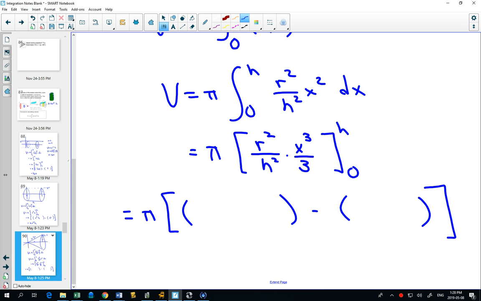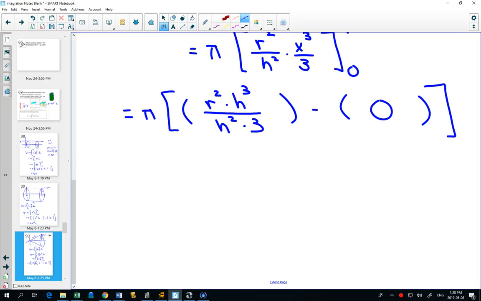Plug in h, you'll get r squared times h cubed over h squared times 3 minus plug in 0. And when we simplify this, we get pi r squared, h squareds cancel out with an h left on top, divided by 3. Do you recognize that as your volume of a cone formula? And you see where the 1/3 comes in. Beautiful.